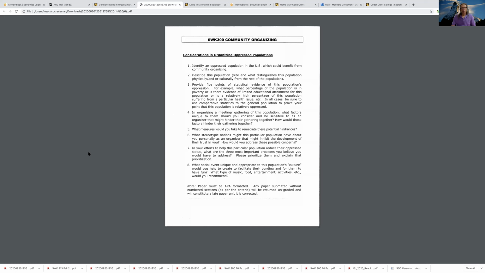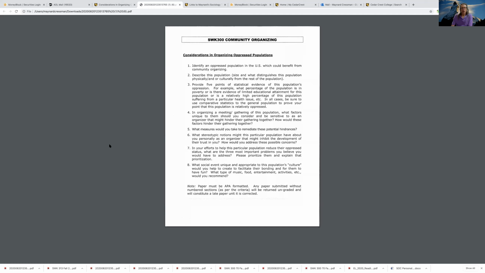For example, you could identify the population that you want to organize as, say, homeless persons, or African American women, or all Latinos, or just Cuban Americans. So anyway, come up with a population you can find data on. I don't care what population, just don't keep it too narrow that you end up getting to number 3 and go, well, I don't know how to make this work.